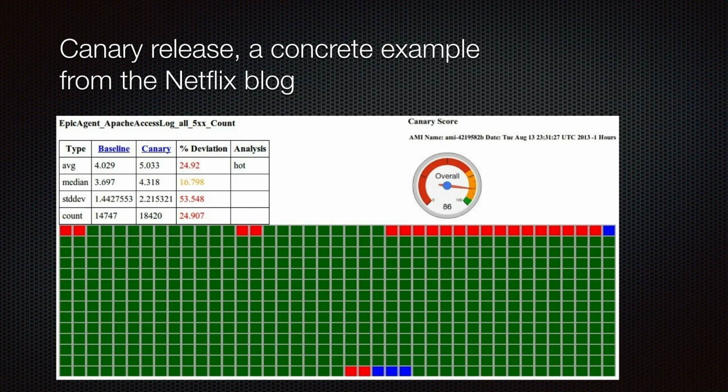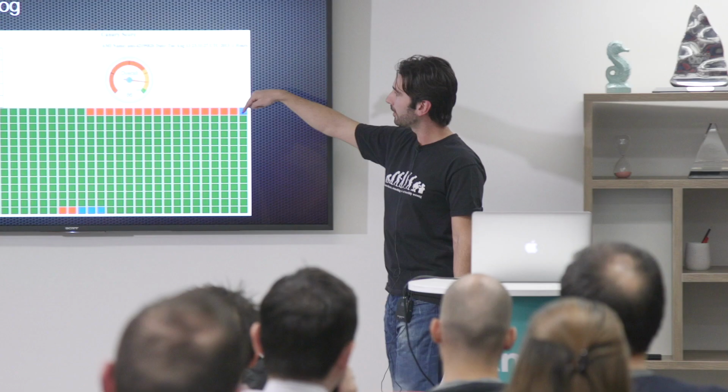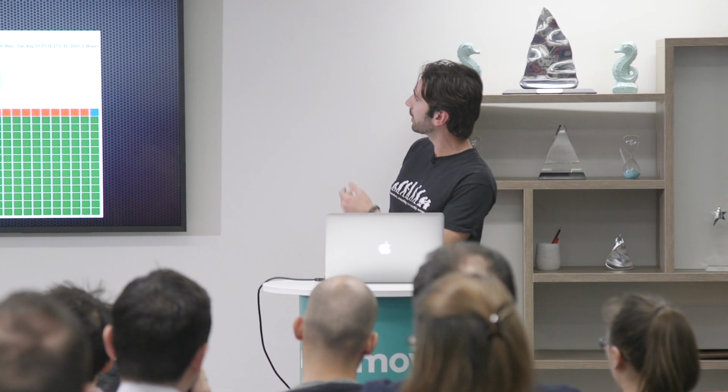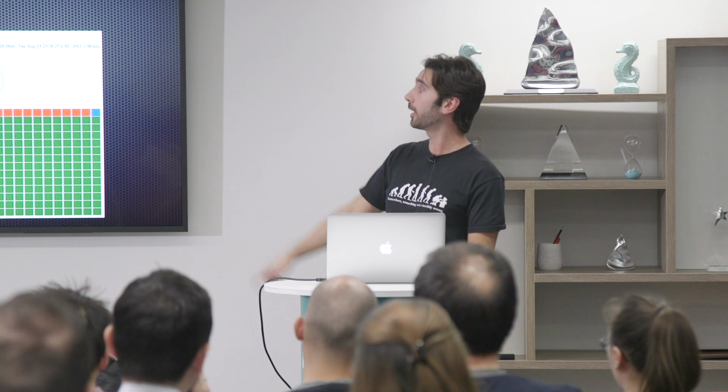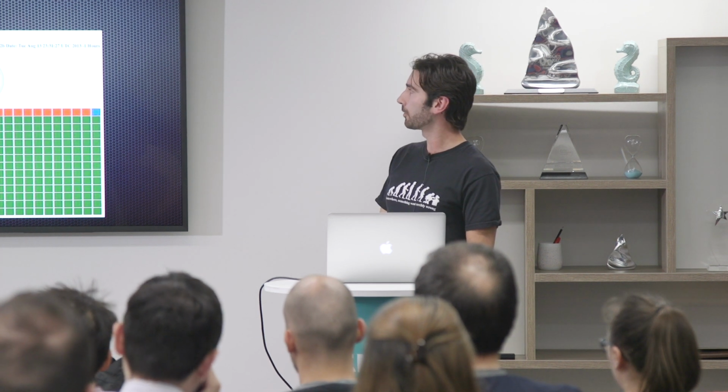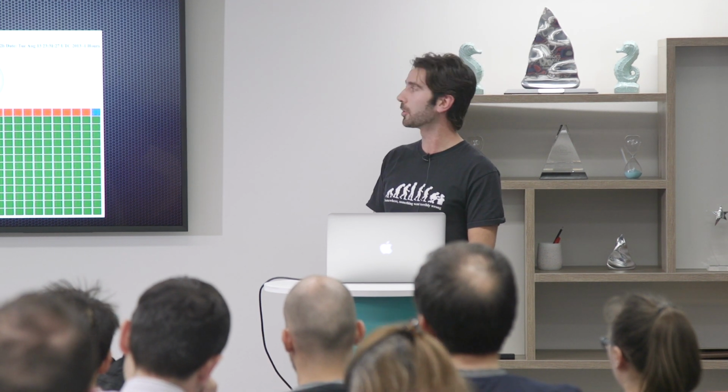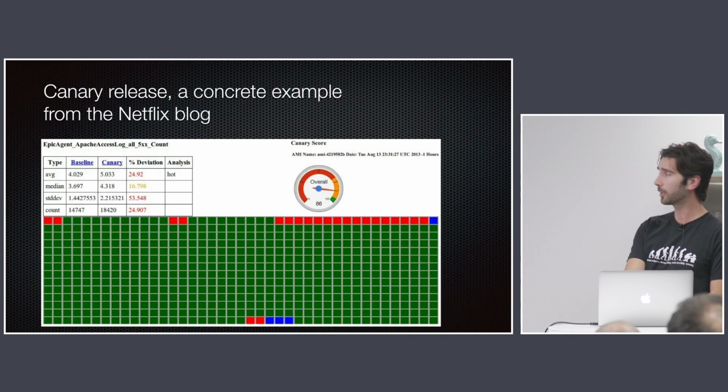They decided whatever is under 90% is a fail. So this is an example of a release that didn't go too well, because now we have about 25% more 500 errors in our canary environment. So it's still not ready to be pushed to production. Back to the devs to figure out what's going on.